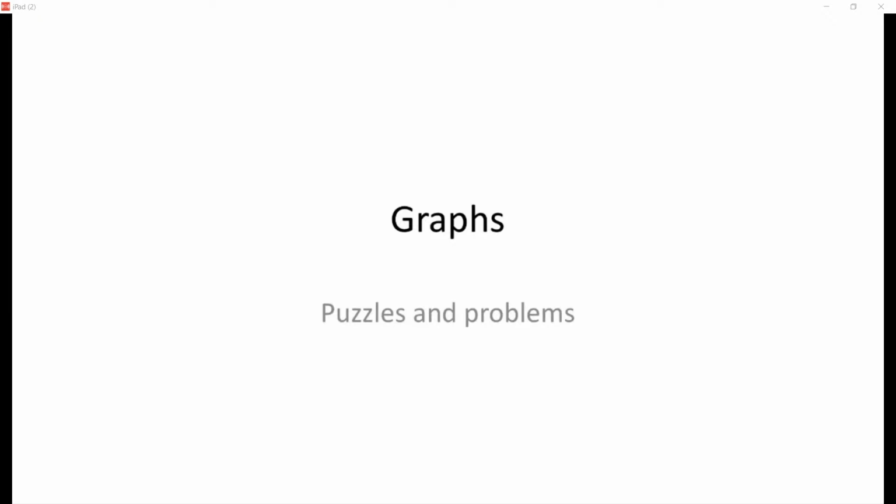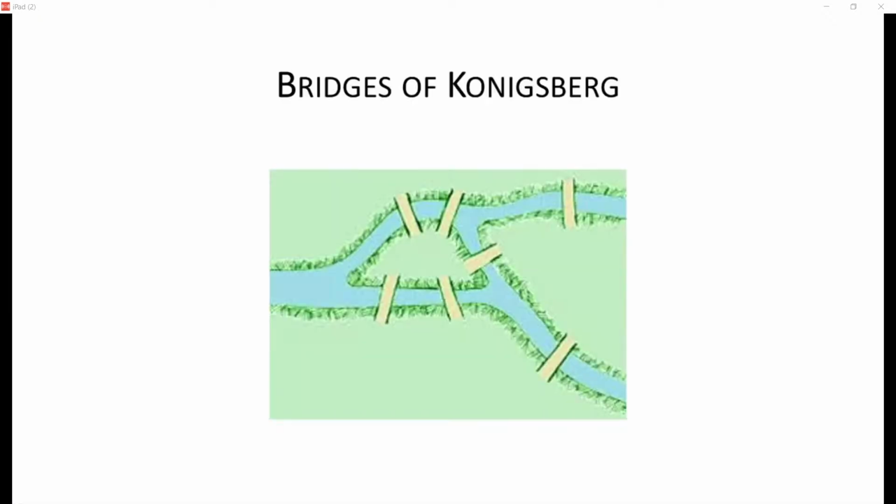So anyway, he was working in Königsberg, which is now in Prussia. Wait, it's St. Petersburg now. Anyway, Königsberg. The map of Königsberg looks something like this. This is the city. It's not green space here. There are actual buildings here on either side. But Königsberg is built at the confluence of two rivers. You have River A, I don't remember which river this is, and River B coming in.